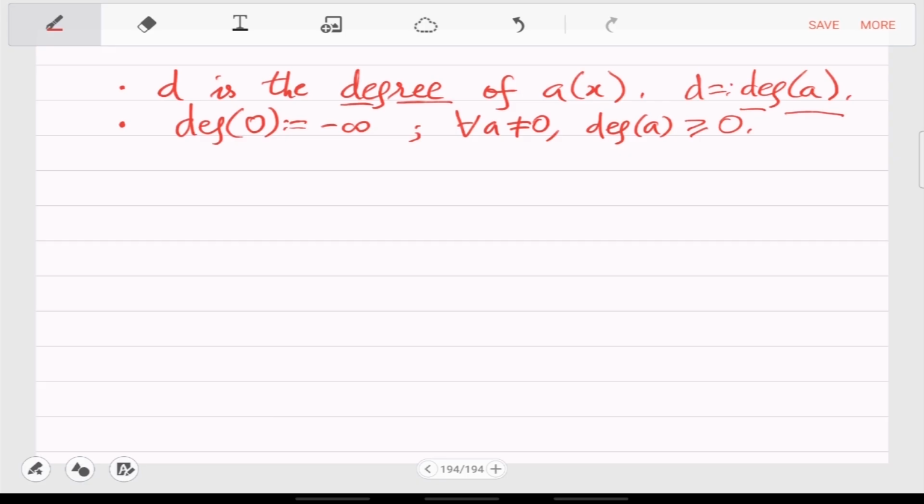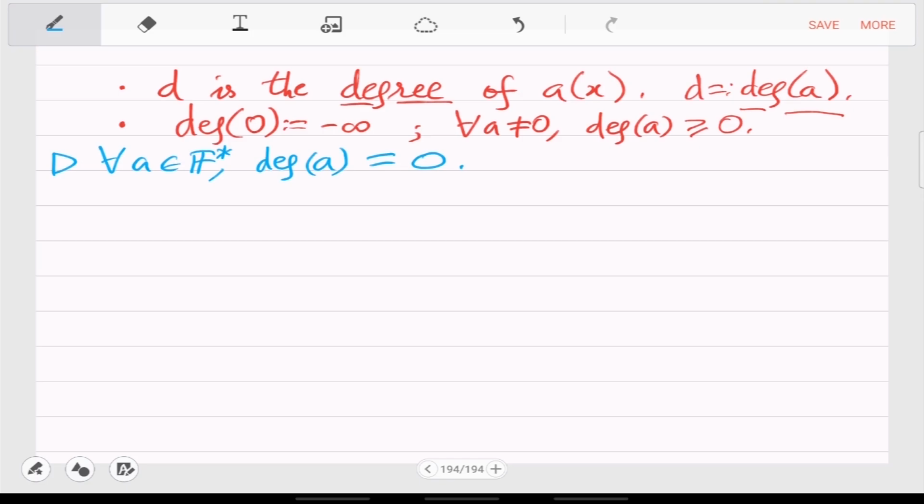So if A is in the field, then what is the degree? Degree of field elements, except 0, that is F star, is 0.